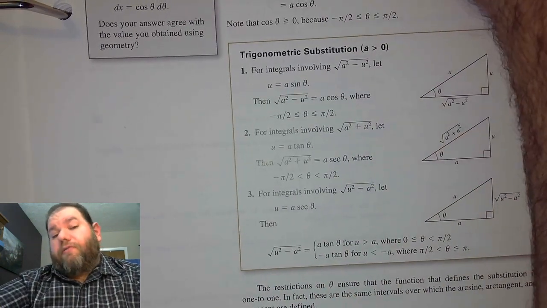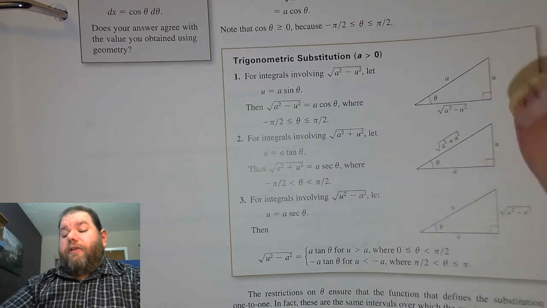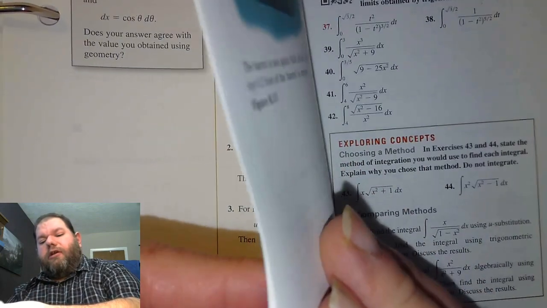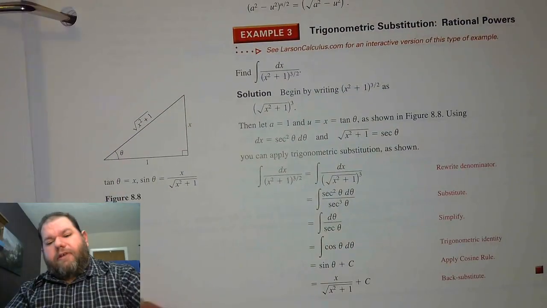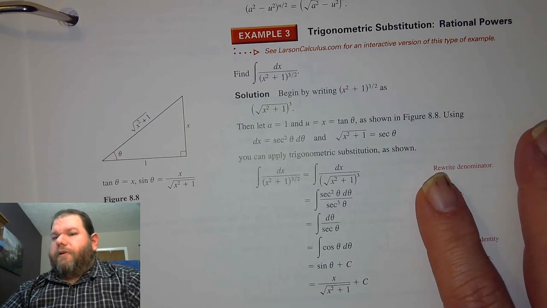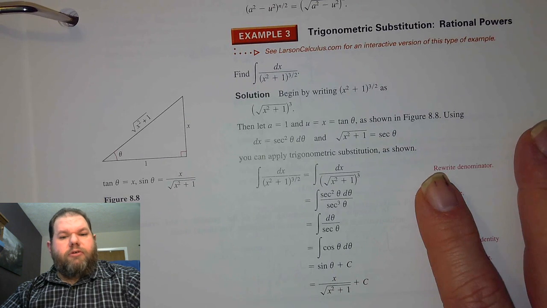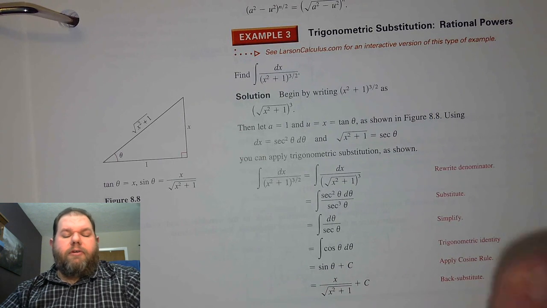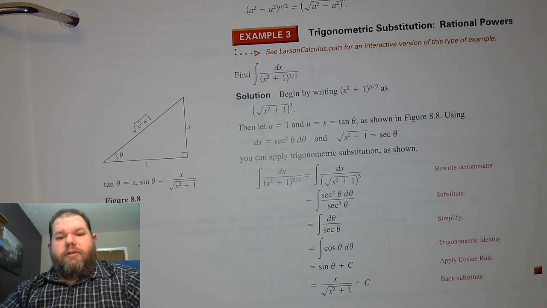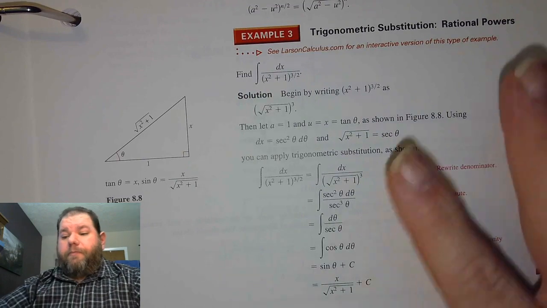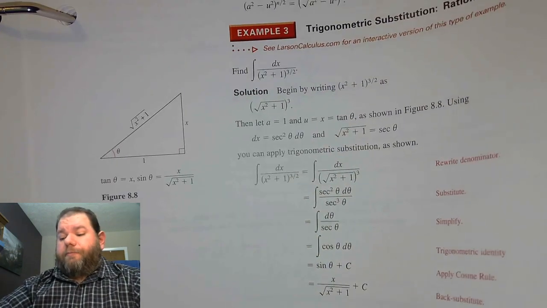What the book is going to do, if you read through it, rather than using these triangles every single time, is boil it down to a simple substitution and have you use identities instead. I prefer the triangles personally because I think it taps more into our knowledge that sine is opposite over hypotenuse, cosine is adjacent over hypotenuse, and tangent is opposite over adjacent. So it taps into that SOHCAHTOA knowledge that we should already have and be pretty comfortable with.